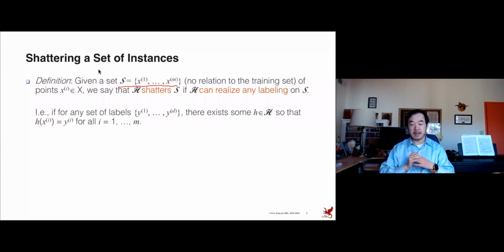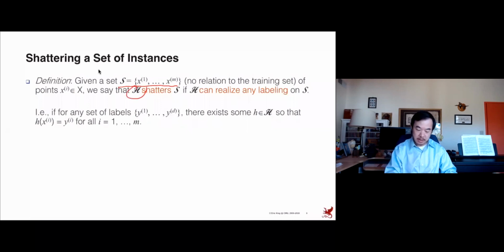If you can resolve my arbitrary way of labeling M data points using your hypothesis space, but you cannot resolve my arbitrary way of labeling M+1 data points, then I say that your hypothesis space is shattering this data set. So shattering is basically crushing this oracle of arbitrary labeling with a predefined hypothesis space.